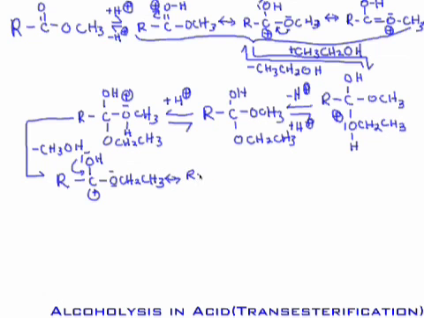Gives me R, C double bond OH plus OCH2CH3, which can be resonance stabilized, where these electrons dump in, these pi electrons move back out.